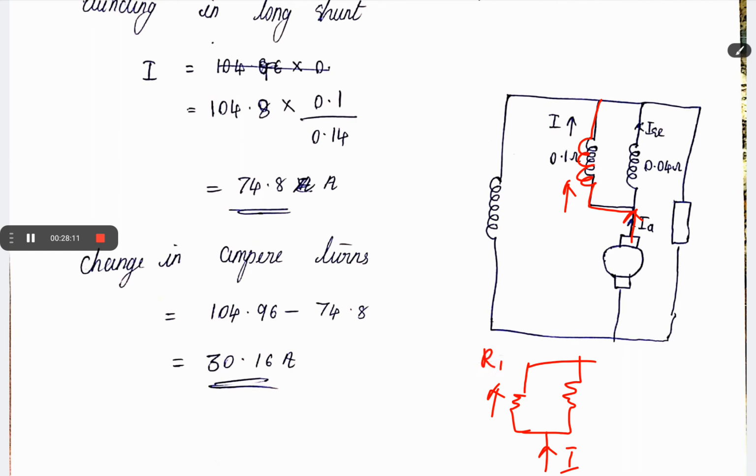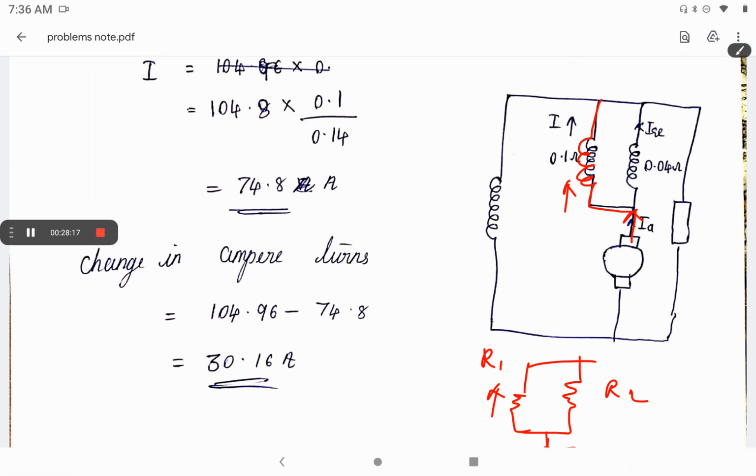Take one as R1 and the other as R2. The current coming to the parallel connection is I. If you want the current flowing through R1, the opposite resistance is R2, divided by R1 plus R2, which gives the total current flowing through this particular resistance.